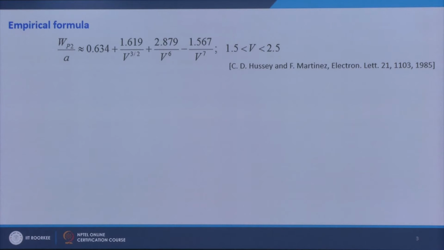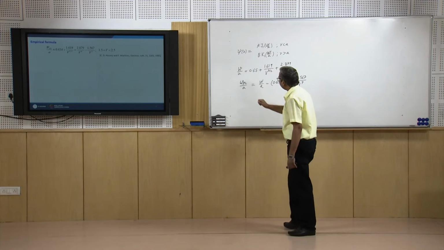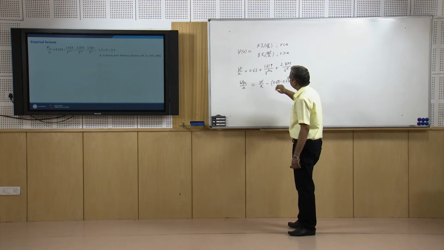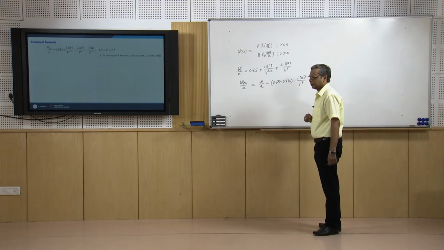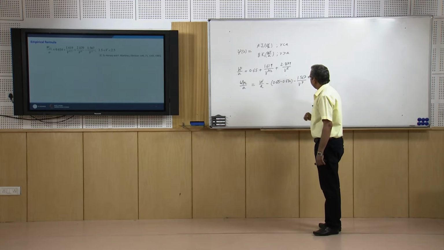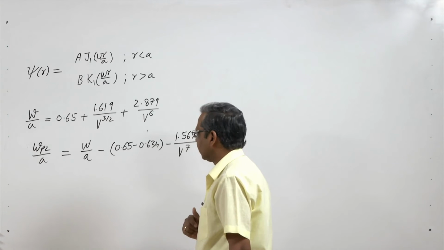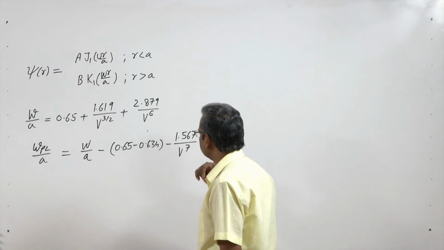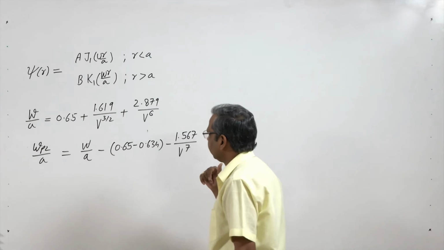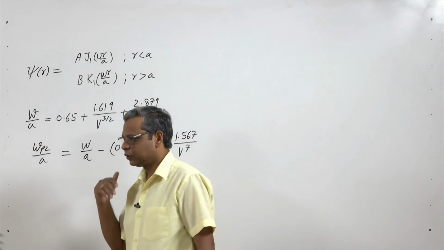So, if I compare it with the Gaussian, then the Petermann 2 spot size would always be smaller than the Gaussian. For large values of V, this term will tend to 0, the contribution of this term would be very small and the difference between the two would shrink.